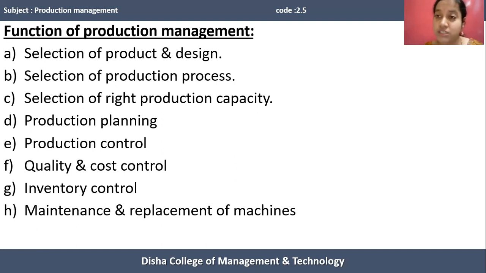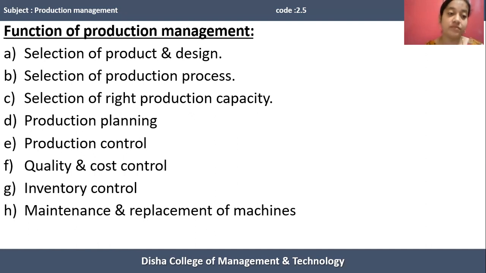There are a number of processes available like job production process, batch process, continuous process, project process, and repetitive production process. So different types of production processes are available, and different processes are suitable for manufacturing different products. So for a particular industry or product, the production manager identifies what type of process is suitable.